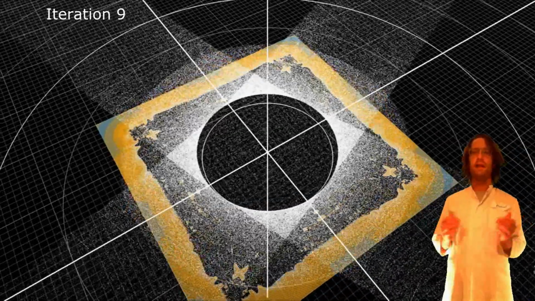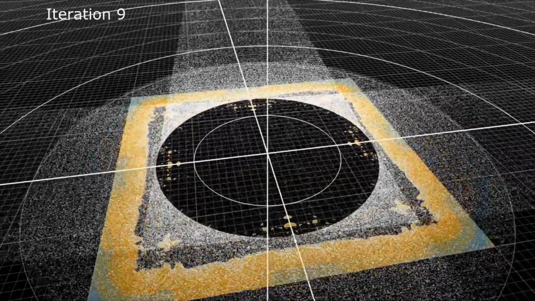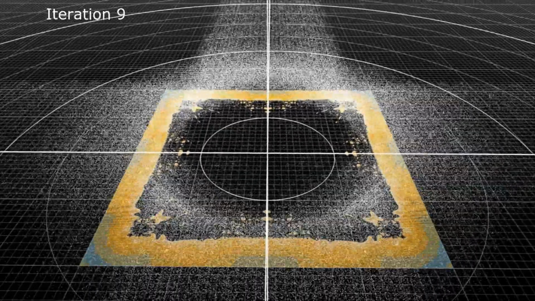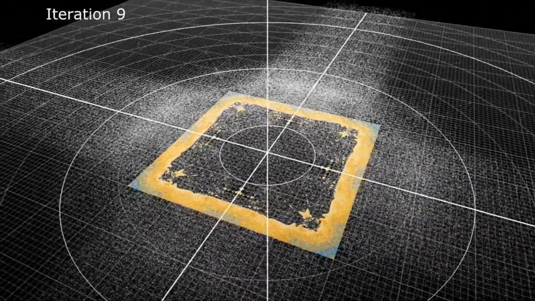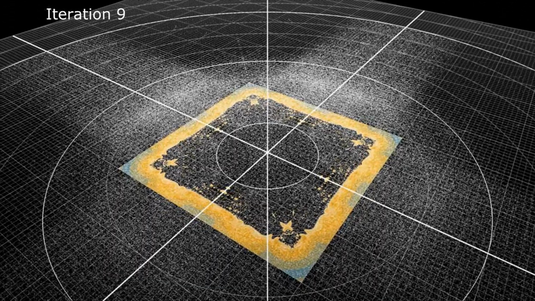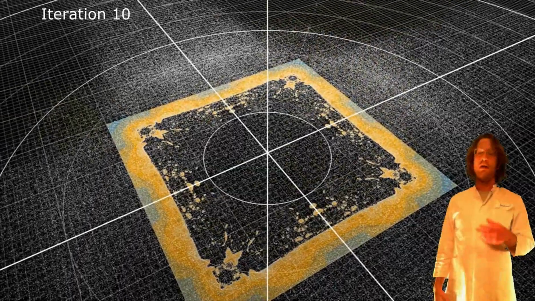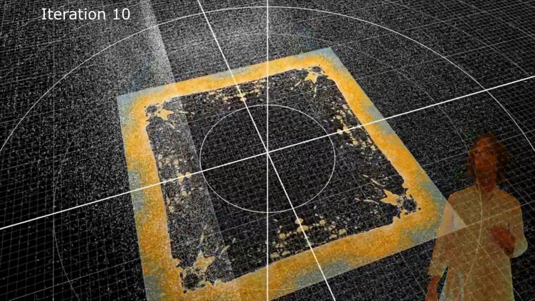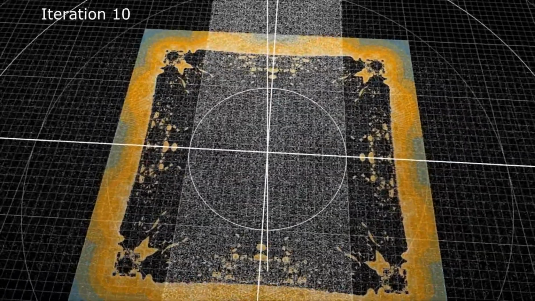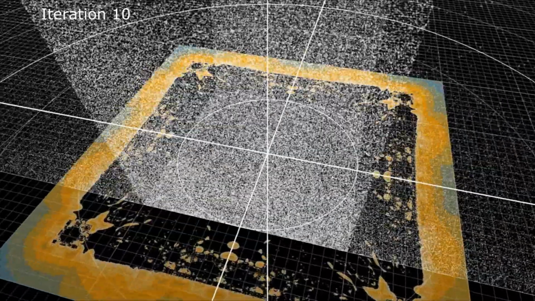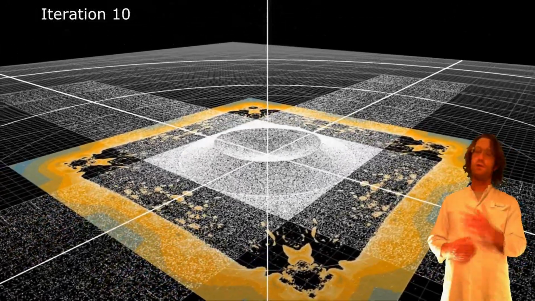The scaling of -1.5. The folding operation on both axes. The circle fold.